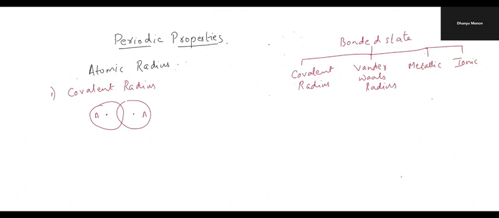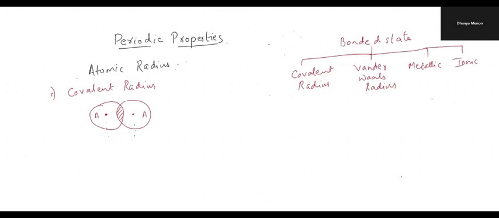So in a covalent bond, sharing of electrons takes place. But covalent radius is 1/2 of the distance between the nuclei of two covalently bonded atoms of the same element.